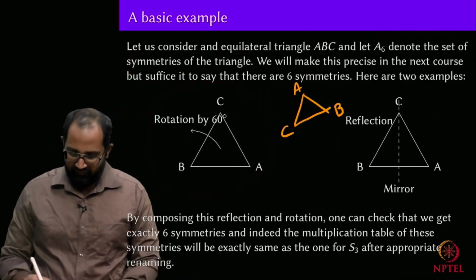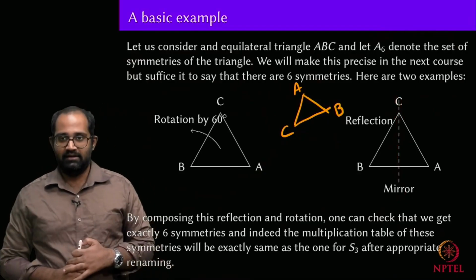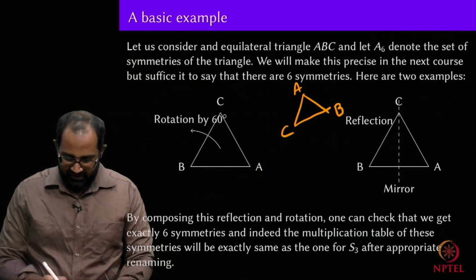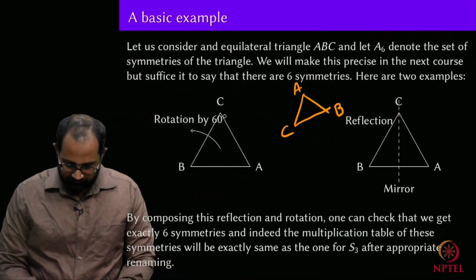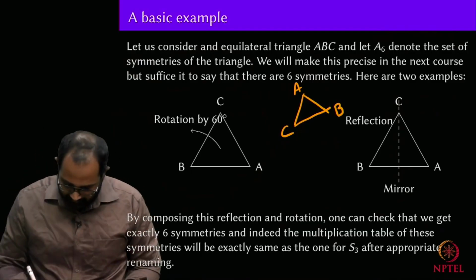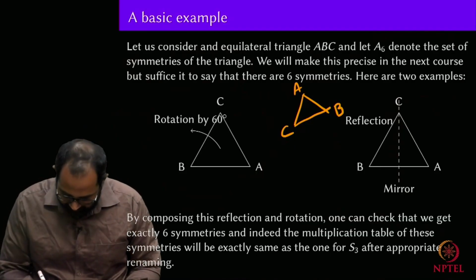Similarly, if you reflect with a mirror passing through the vertex C, what happens? Again there is a slight issue. I have drawn the same picture, that is by error. So, let me just fix it now.